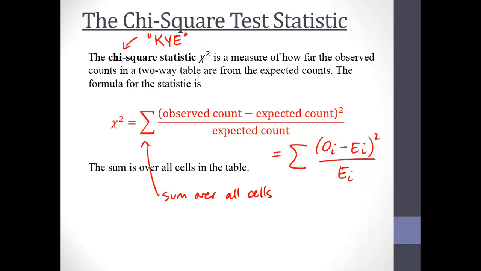Or O_i, E_i. It's a little backwards there, I guess. So this is what our test statistic is going to be in this chapter. It's very different again from what we've used before.